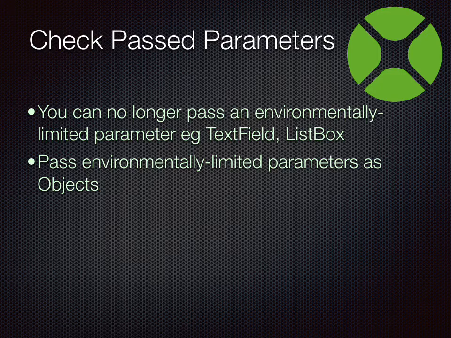Instead, it has a web text field, a web list box, a web pop-up, things like that. So what you need to do instead is you pass these environmentally limited parameters as objects. And then you can test them in your method to see if they are correct and create a new object within your code based on that type.